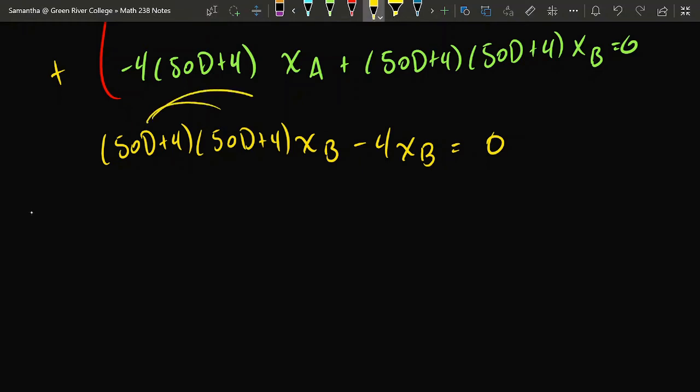If I quote-unquote FOIL this expression on the far left side, then I get 2500 d squared. I guess this is 400 times d from the two outer and inner terms, plus 16.